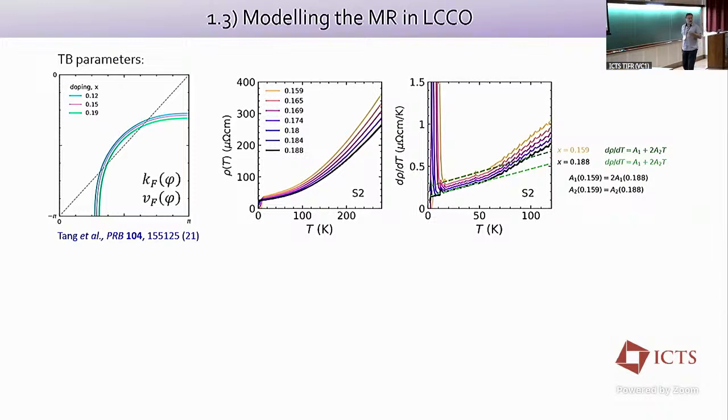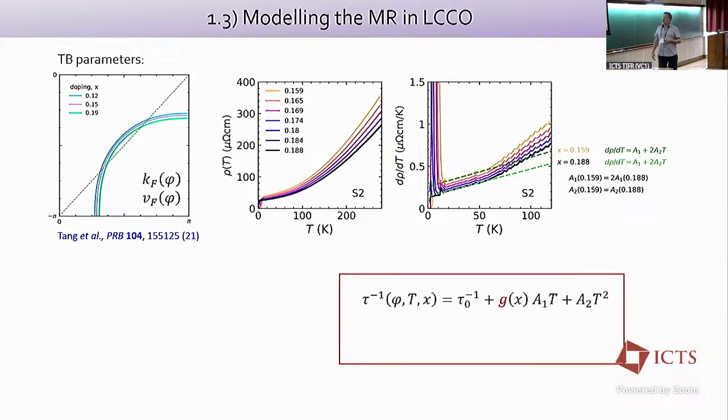And this is indicating to us that the resistivity has both a T and a T squared component. The intercept gives you the T-linear component, and the slope gives you the T squared component. The T squared component is essentially not changing as you go across the regime, whereas clearly the intercept is getting smaller. So to start by parameterizing this, we need at least three components.